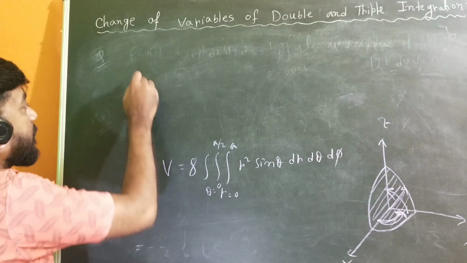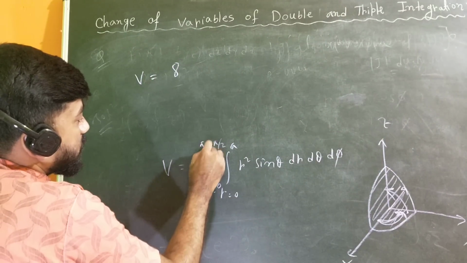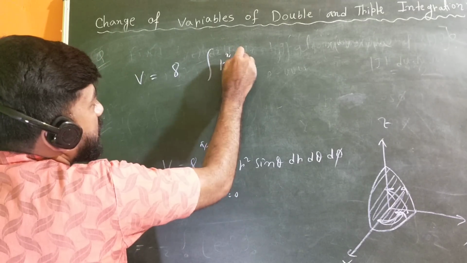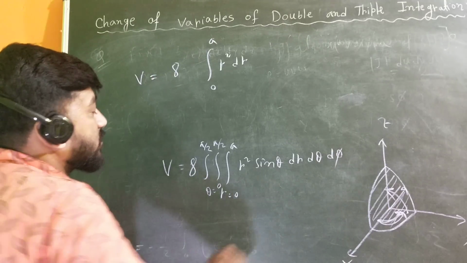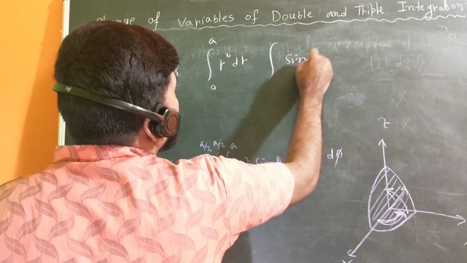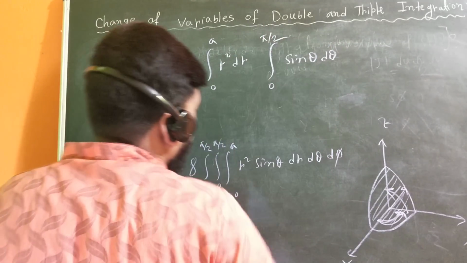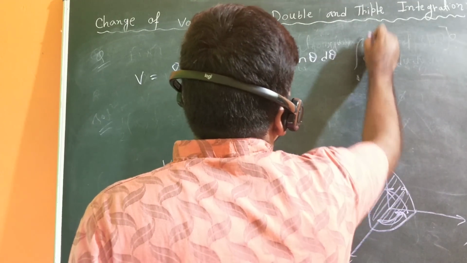So V is equal to 8 times the integration of r square dr from 0 to a. These are independent integrations, so you can solve them easily and independently, and that will be sin theta d theta from 0 to pi by 2, and another thing is the integration of d phi, also from 0 to pi by 2.